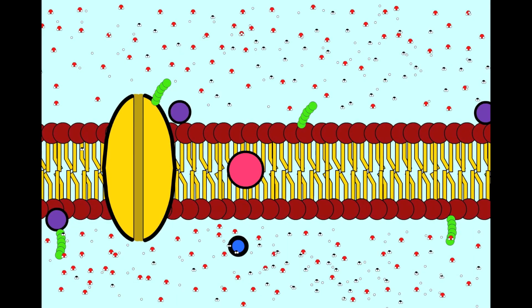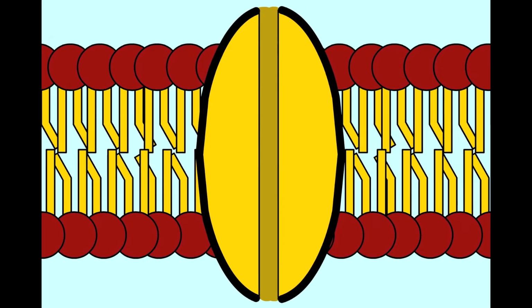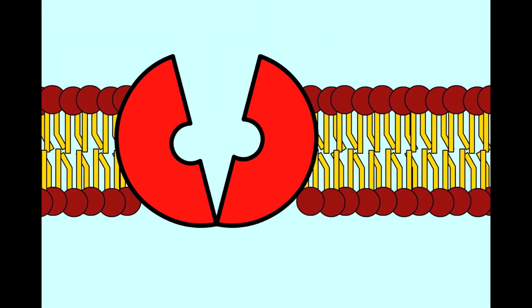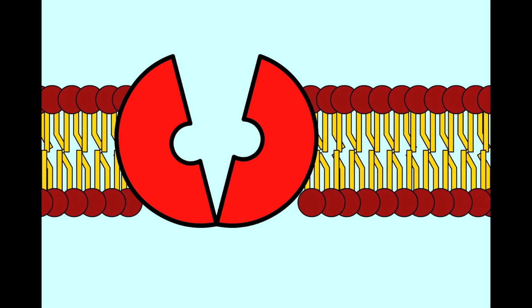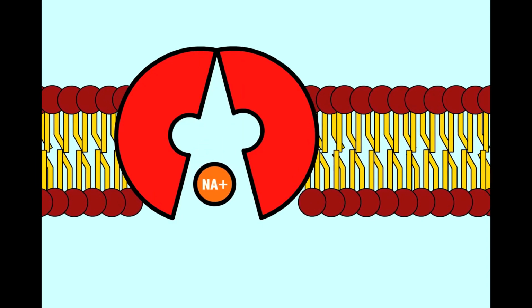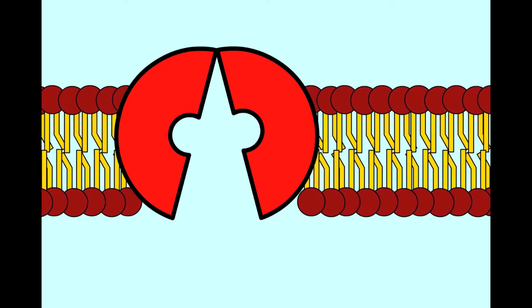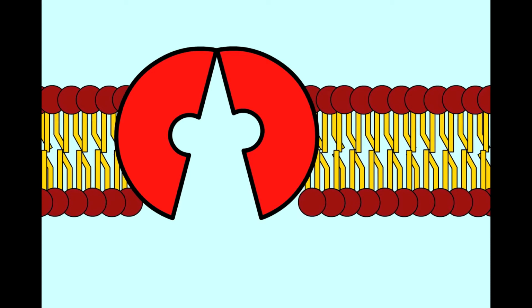The integral proteins themselves divide into two types, the carrier proteins and the channel proteins. The carrier proteins require ATP to function in some cases, and with this, the cell can control the pumping of specific chemicals and molecules in and out of the cell against the concentration gradient, and they sort of look like a shell that opens from both sides.